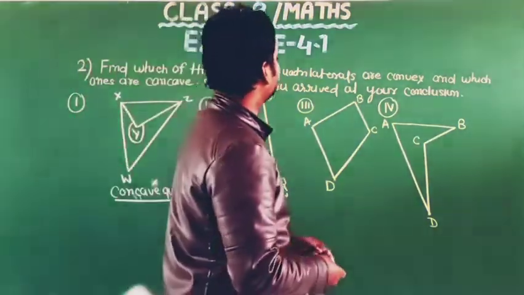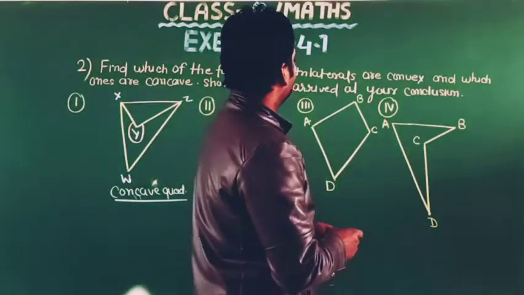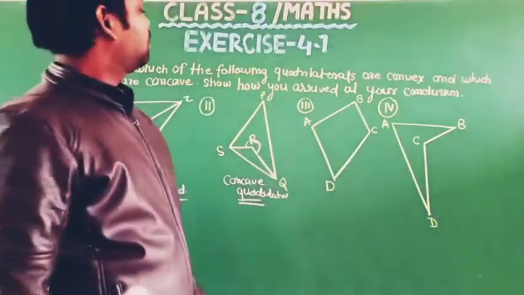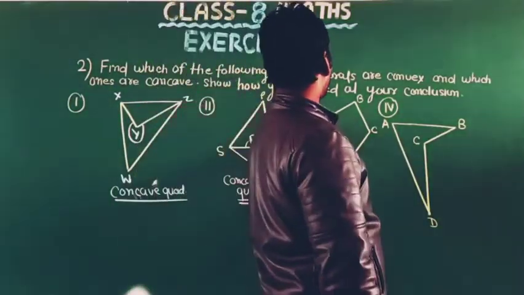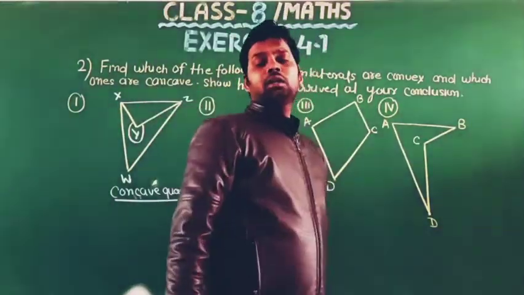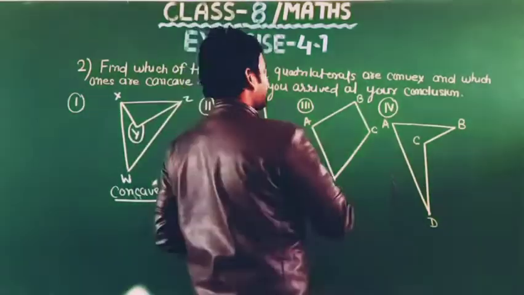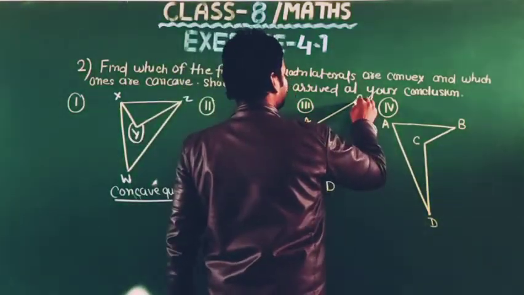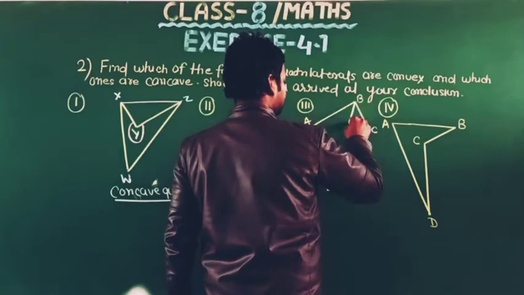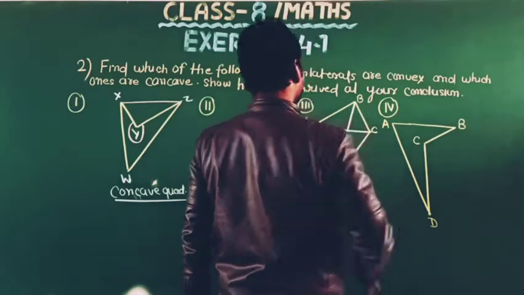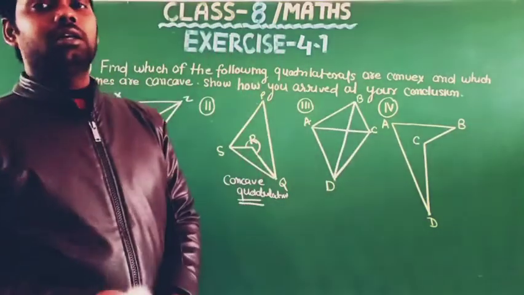And third, here we can see no angle at vertices A, B, C, D is more than 180 degrees, and the diagonals drawn from vertex B to D and A to C lie inside the figure.